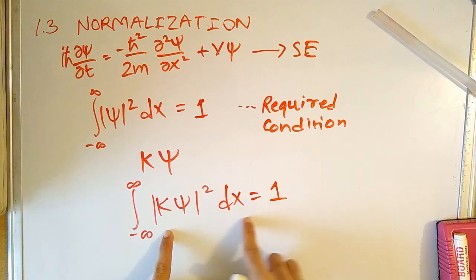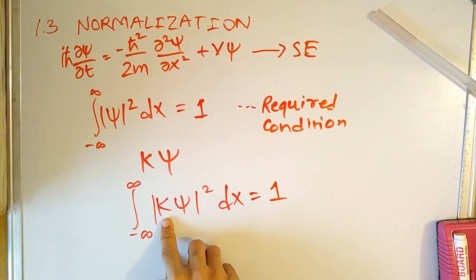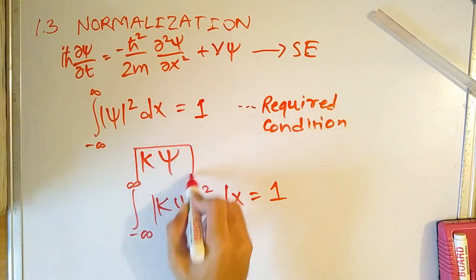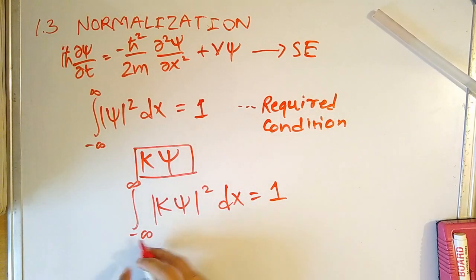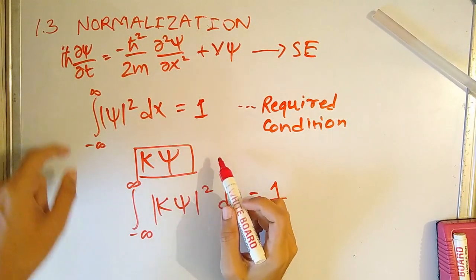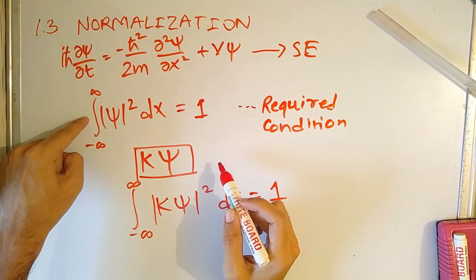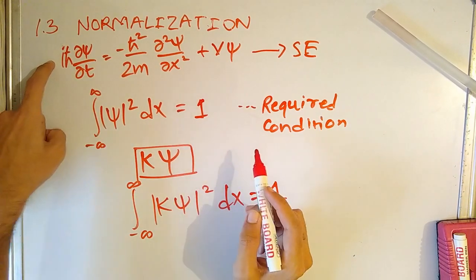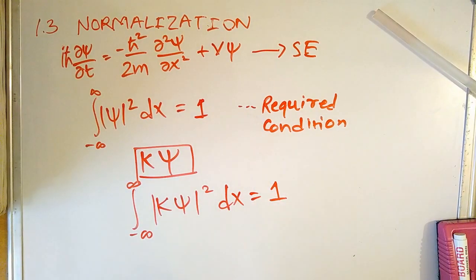On solving this equation we will find the value of k, and we will put it back into the main wave function, so it becomes normalized, so that this wave function will satisfy both the required condition and the Schrodinger's equation. This overall process is called normalization.